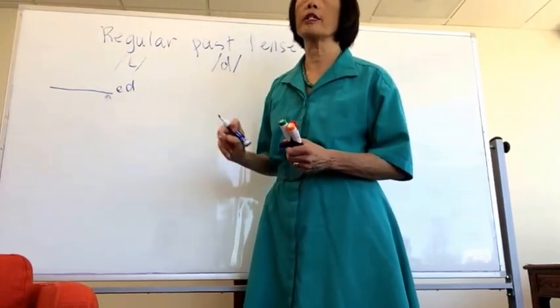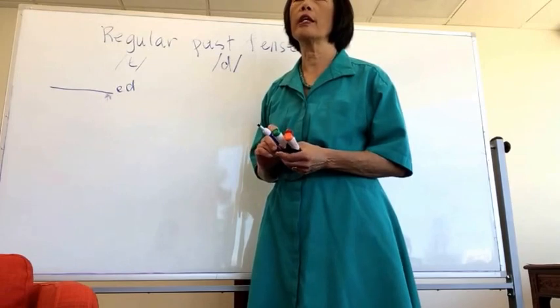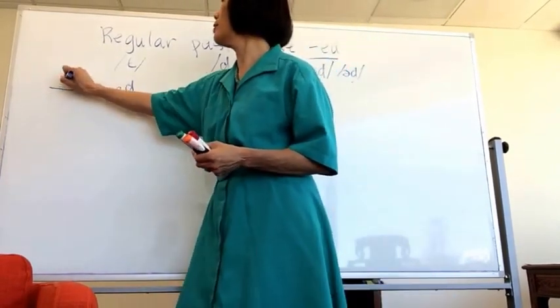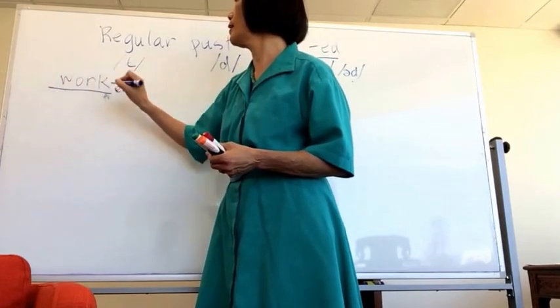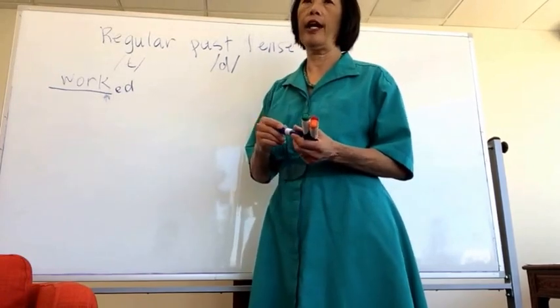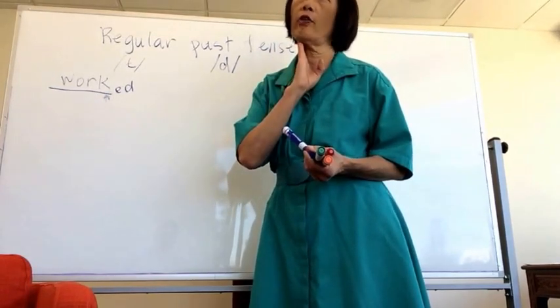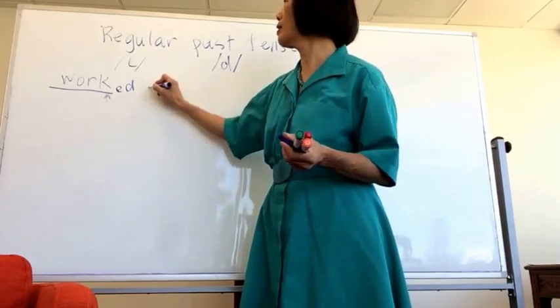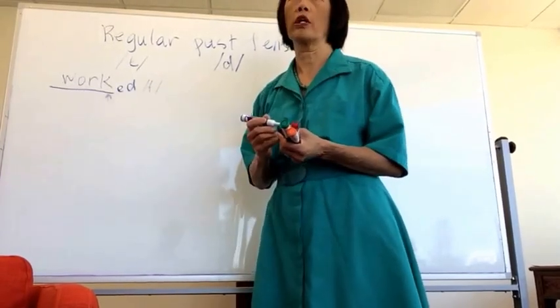Then we put the t sound on the end. For example, the word work, W-O-R-K is the spelling. The last sound is k, and the last sound k is not voiced. It's unvoiced or voiceless. So this one sounds like t, worked.